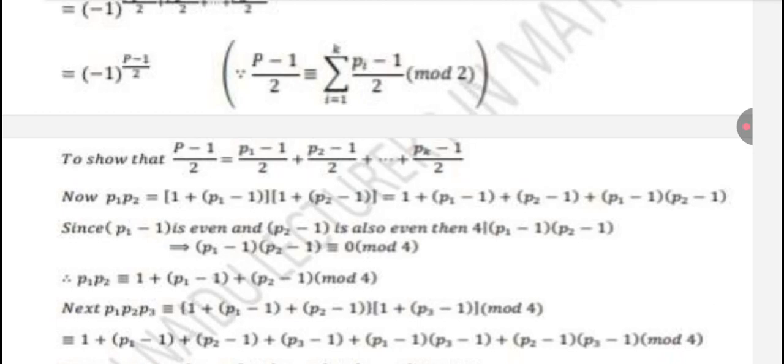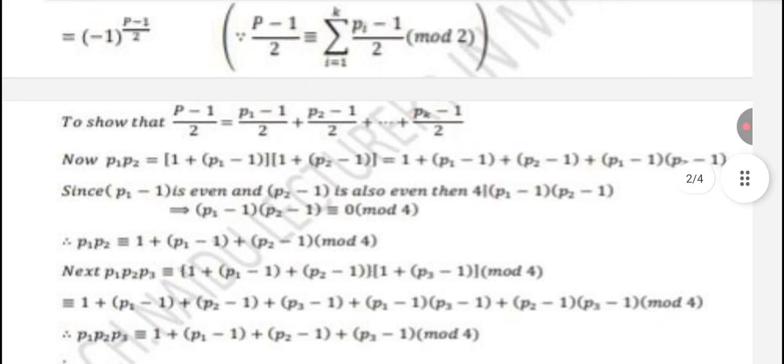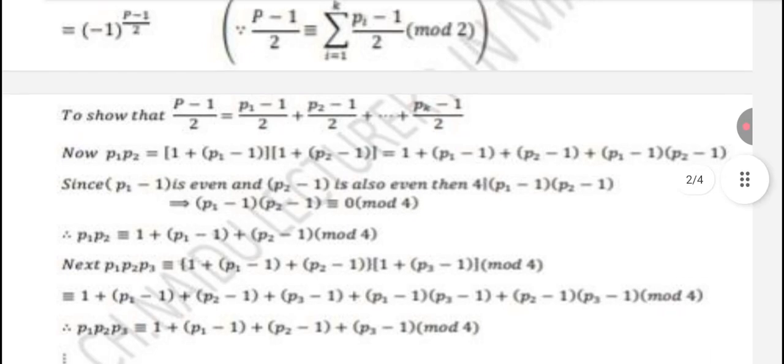Once again, when you multiply this, we are going to get 6 terms. So 1 + (p1-1) + (p2-1) + (p3-1) + (p1-1)(p3-1) + (p2-1)(p3-1) mod 4. Clearly, like before, the product of two such terms is congruent to 0 mod 4. So instead of 6 terms we are going to have only the 4 terms, namely 1 plus single terms only: 1 + (p1-1) + (p2-1) + (p3-1) mod 4.